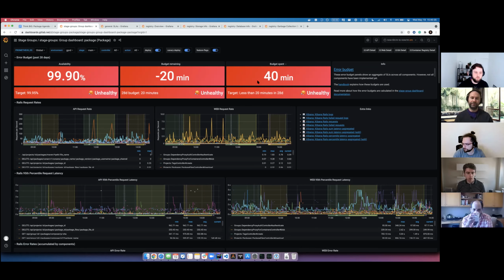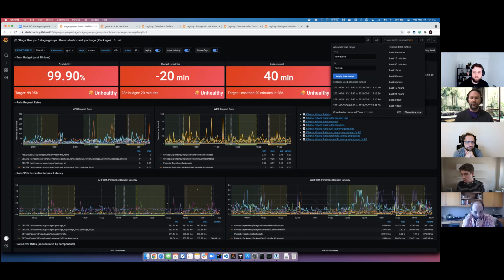And right now, I think all services have the same SLA, which is 99.95. That's around up to 20 minutes per month of downtime. So we can see here that we are already in negative. We went above that because we spent 40 minutes in total on the period that I have here, which is pretty slow.